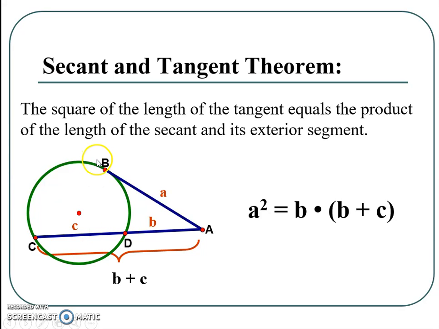So right here, A squared is equal to B times the whole thing. So outside times the whole. A squared is B times BC. This is only for a tangent and a secant. So that's why it's the secant tangent theorem. Alright? So that is the theorem.